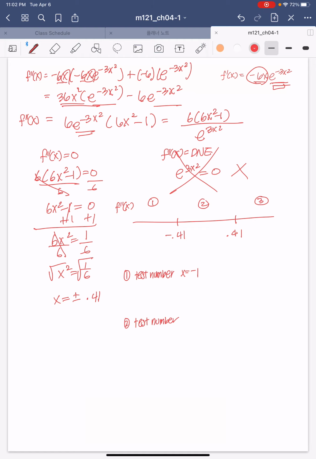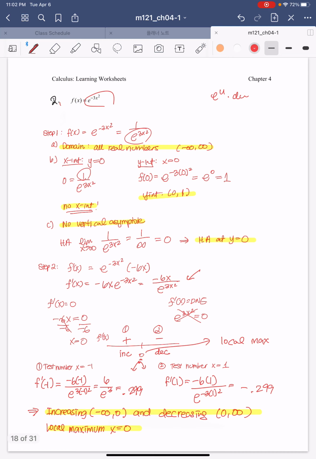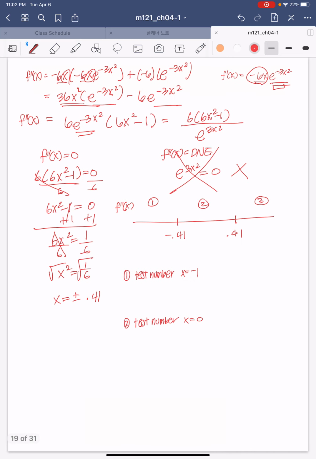Let me use 0. I can use 0 because I have no restriction, since my domain is all real numbers. And for the third one, let's use the test number x equals positive 1.